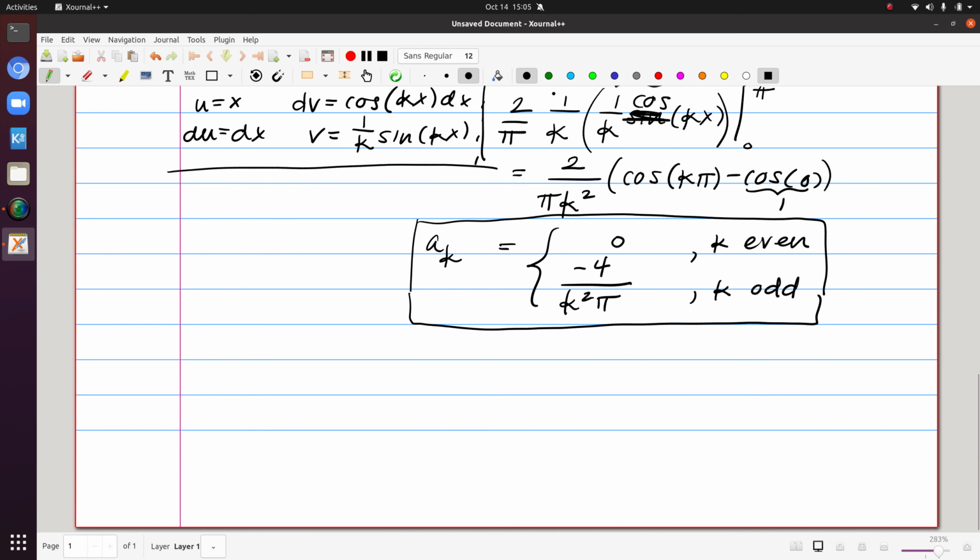And so I go back to my definition of the Fourier series. The Fourier series here would be the constant a sub 0 plus the sum of the cosine kx terms, with coefficient a sub k. Now, I'm going to use what we observed in our last example to help me put this in sigma notation.